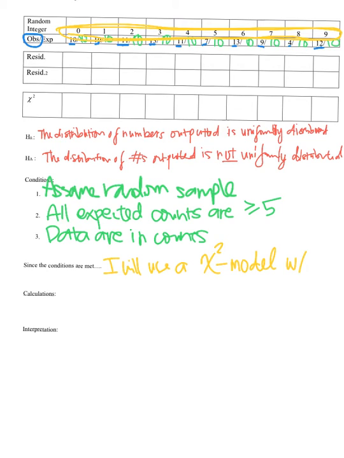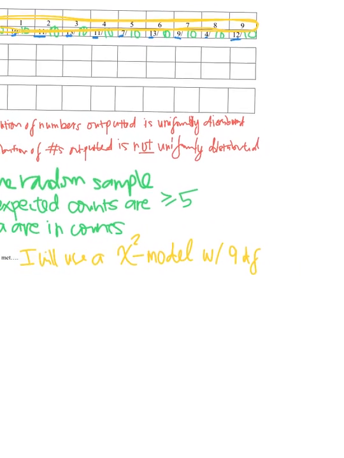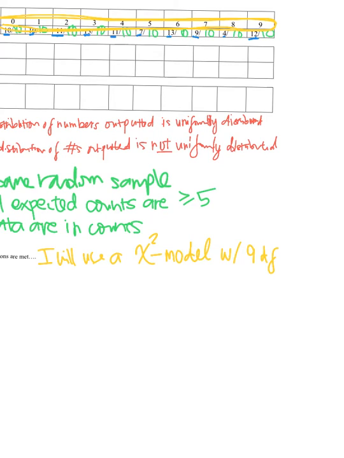So we have 9 degrees of freedom to do a chi-square goodness of fit test. And you can just label that GOF. All right. So that is our statement.